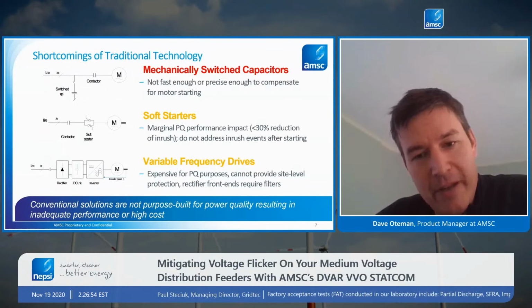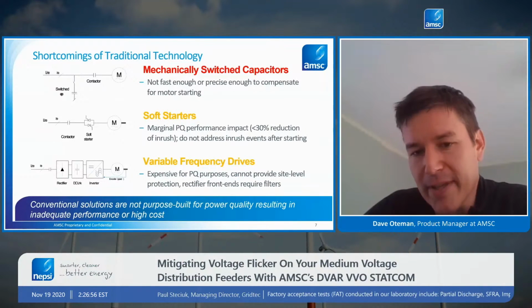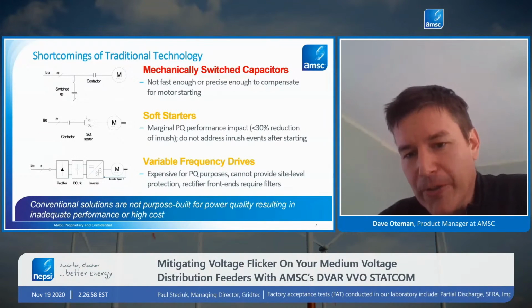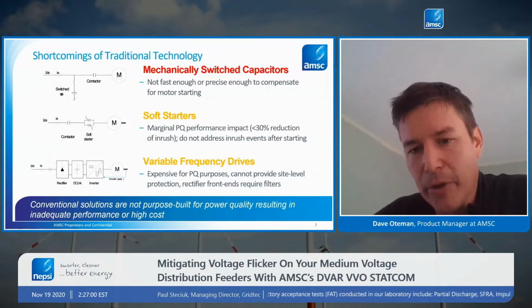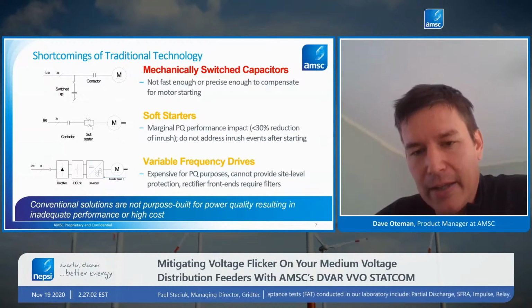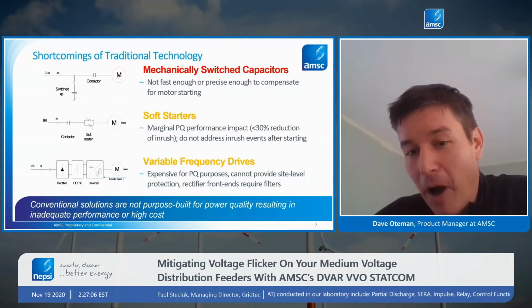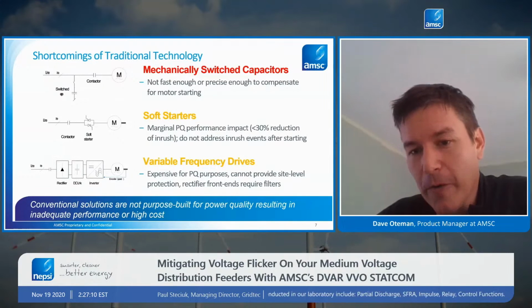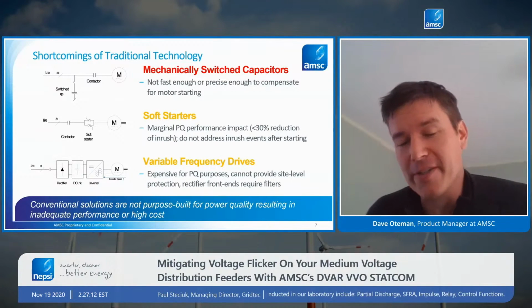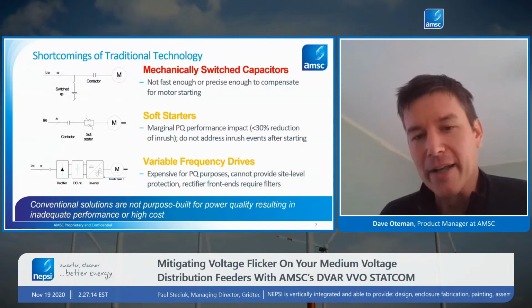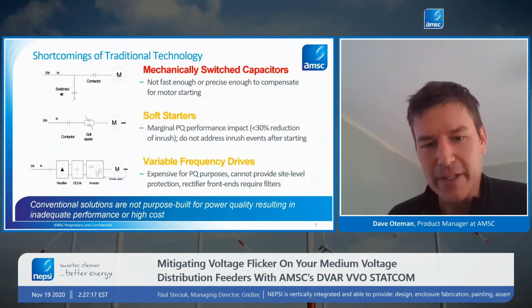And the other issue with VFDs, especially larger ones, is that they do use pulse rectified front ends. And so IEEE 519 compliance always is a concern with VFDs. If an additional filter is needed, for example, that'll add cost to the project.